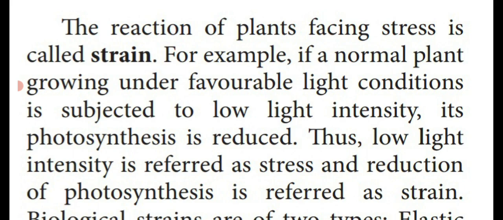Moderate concentration of light intensity only increases the photosynthesis. So when the plant is subjected to low light intensity, the photosynthesis is affected. This low light intensity is known as stress and the reduction of photosynthesis is known as strain. Now we all know the difference.